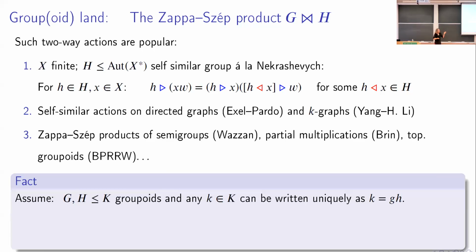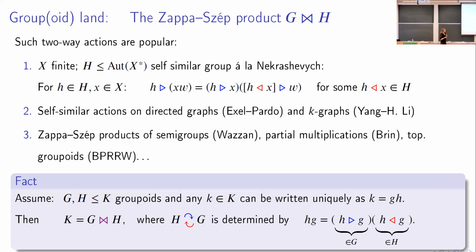Now, a little fact, which just maybe gives you more of an idea of how to think about the Zappa-Szép product. If you have some big groupoid K with two subgroupoids G and H, and you assume that every element in K can be uniquely written as a product of an element of G and an element of H, then your K actually is the Zappa-Szép product of these two subgroupoids. You can find these two-way actions by this equality.